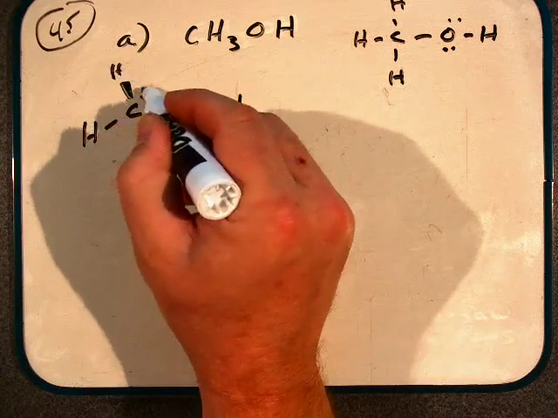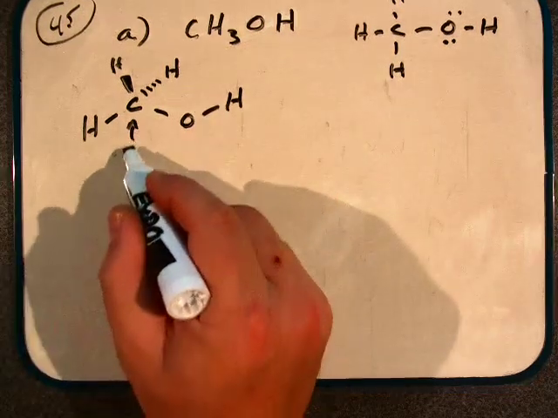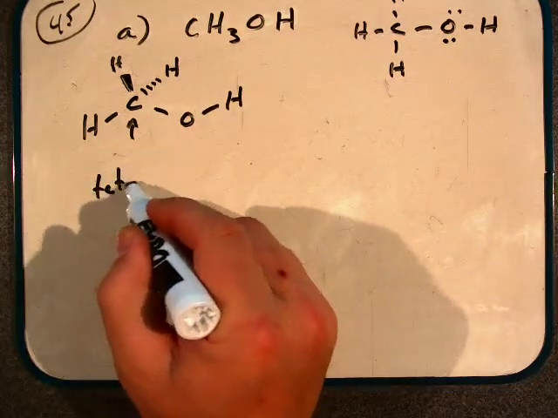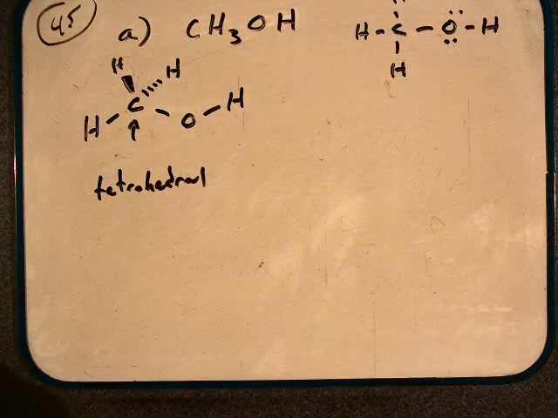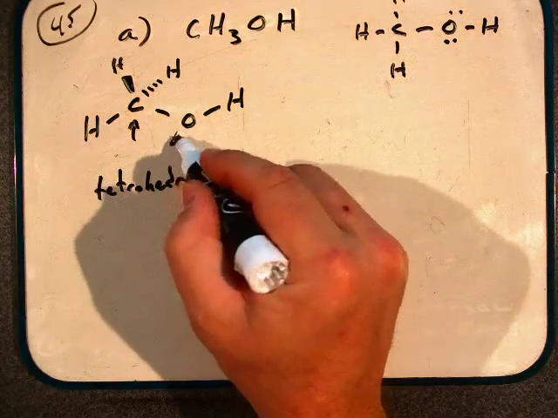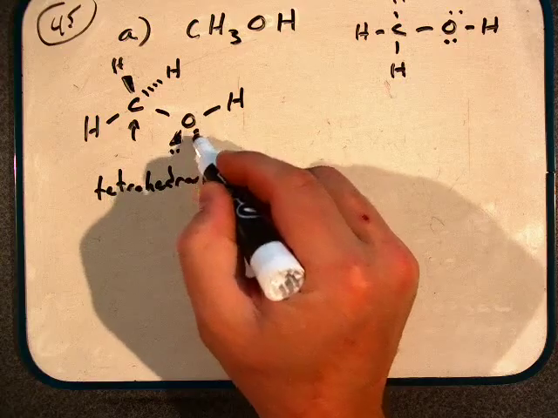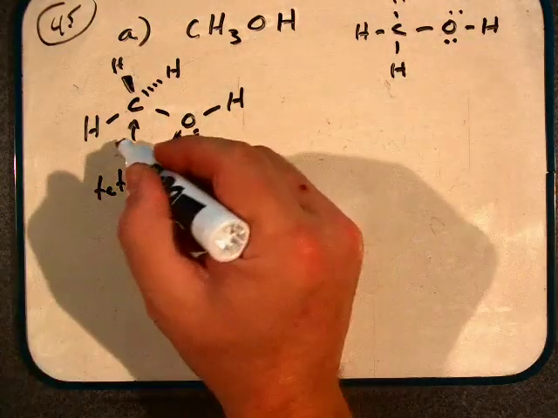The carbon has 4 groups, and so we have a tetrahedral molecular geometry, that's also the same for the electronic geometry. And the other element that would be in the middle would be the oxygen.